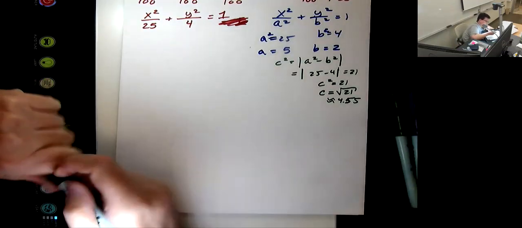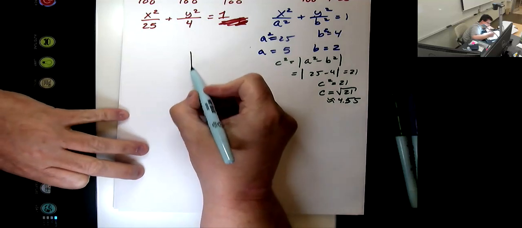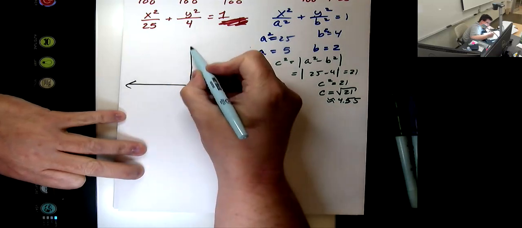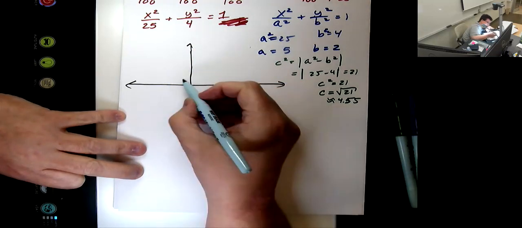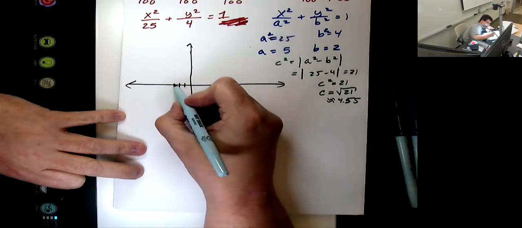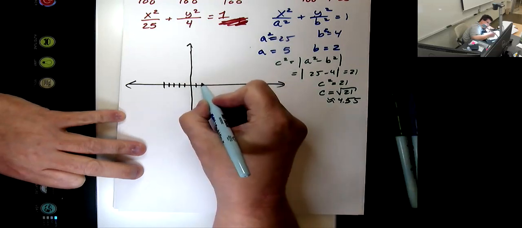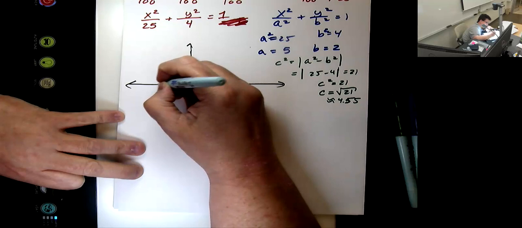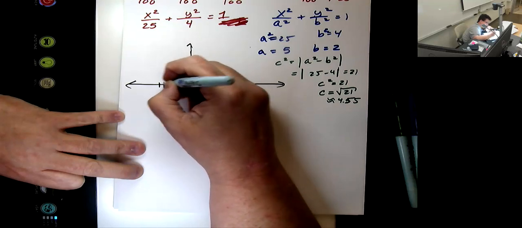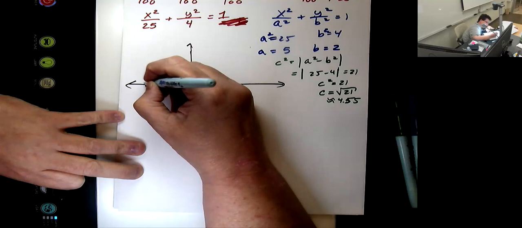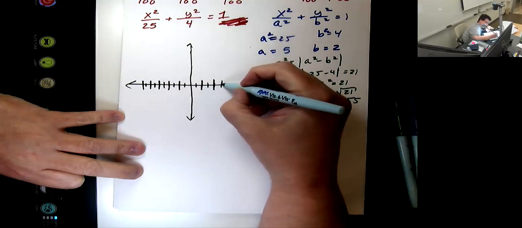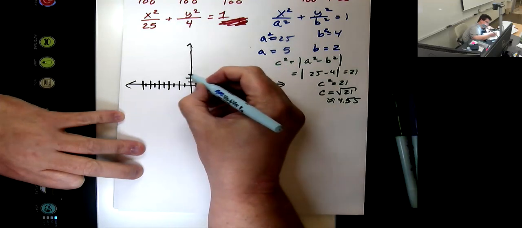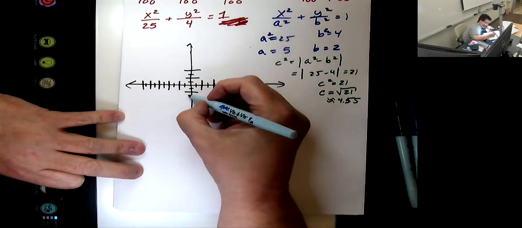So we're going to graph it. I need to go out a along the x-axis, which is 5 in each direction. And you know what? Maybe I'll make these bigger. Each of my little hashtags is a half.